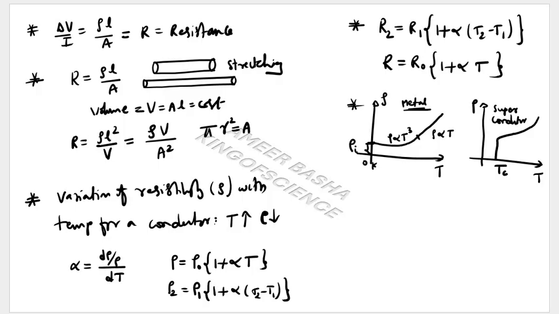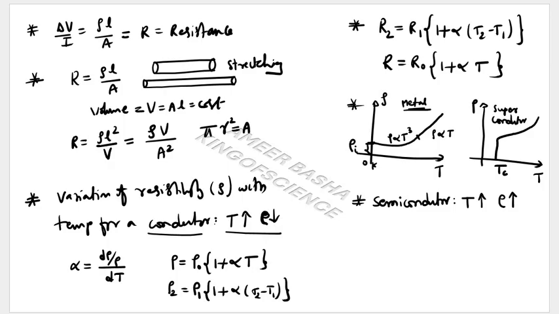Remember, semiconductor is something different. In a semiconductor, with increase in temperature, resistivity also increases. But for a conductor or metal, with increase in temperature, resistivity decreases. I hope it is clear.